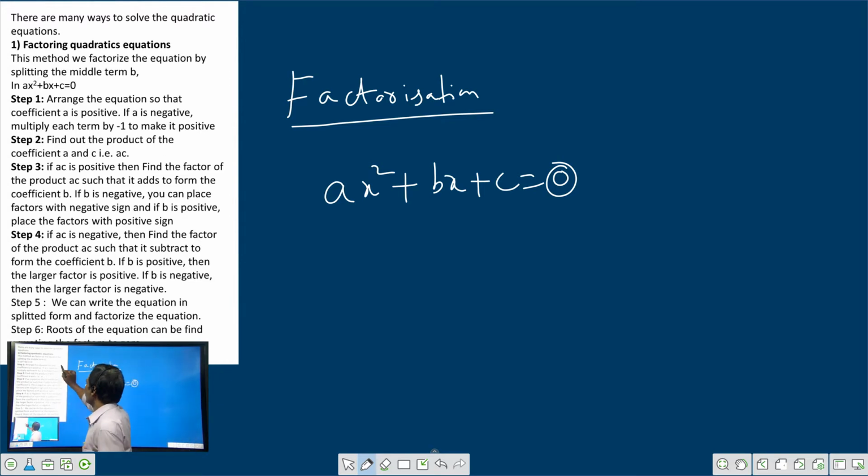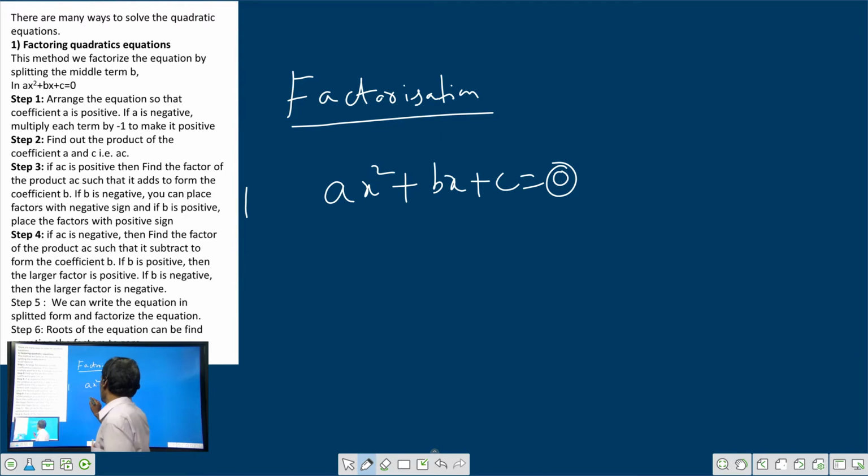Some of these things will play a role. There are some 6 steps, and I will take examples one by one, two for each. What is the first one? Arrange the equation so that the coefficient of x square is positive. In case a is negative, multiply each term by minus 1 to make it positive.